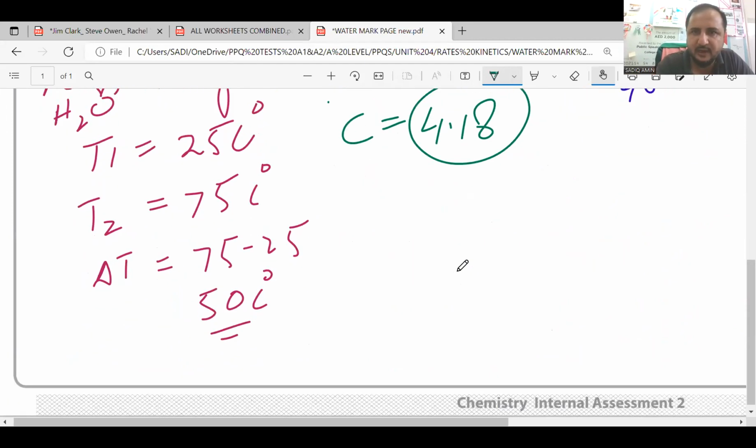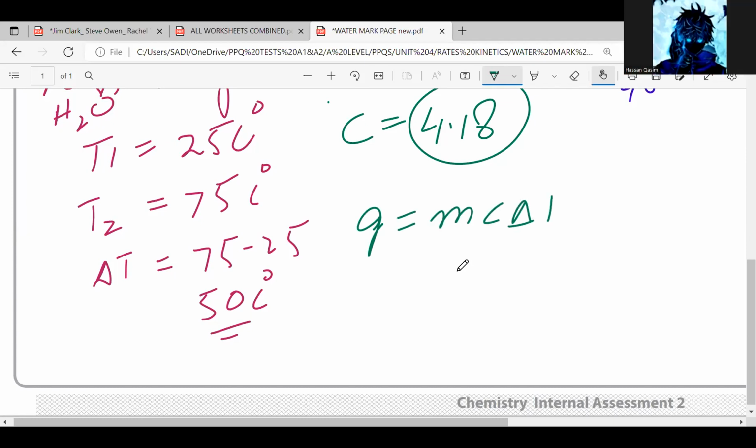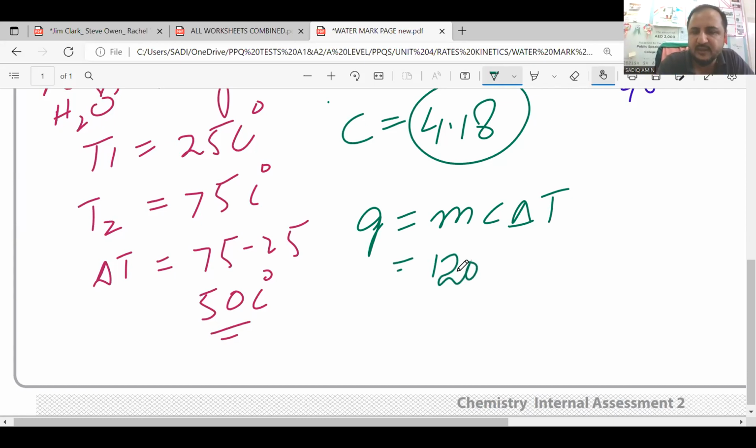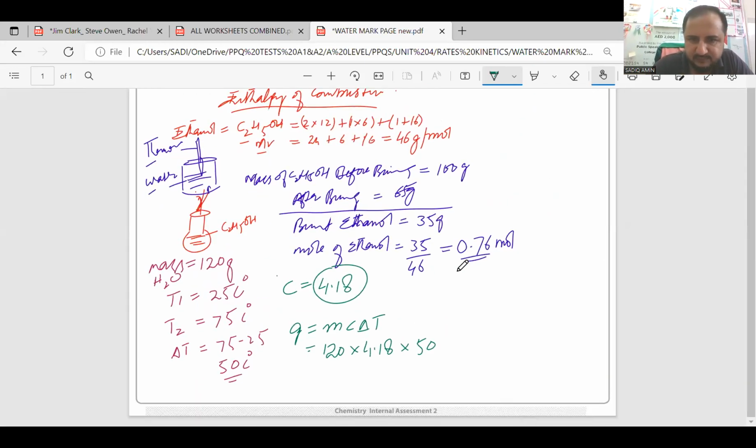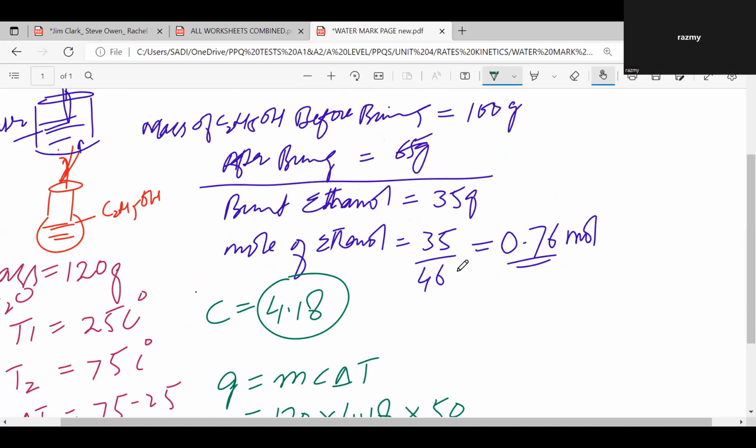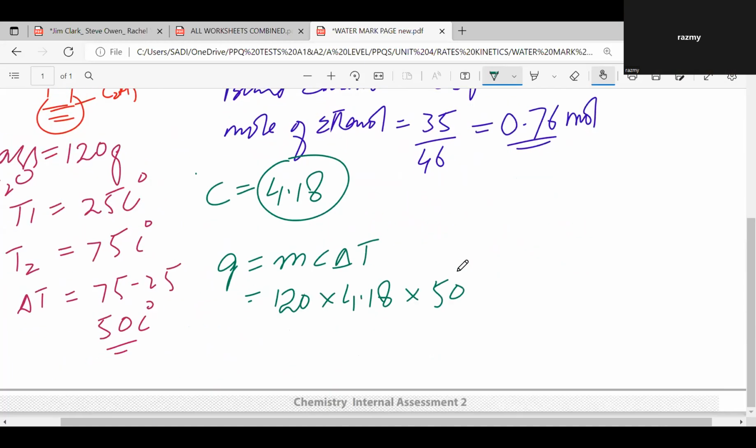Now, I'm going to calculate the heat change, which is Q. Sir, Q equals M C delta T, mass multiplied by C and delta T, where M is the mass of water, which is 120, C is the specific heat capacity, 4.18, and temperature change is 50 degrees Celsius. Everyone is there with me? Sir, but some of the heat is released in the air. Yes, sir. So give me the answer for this, please.